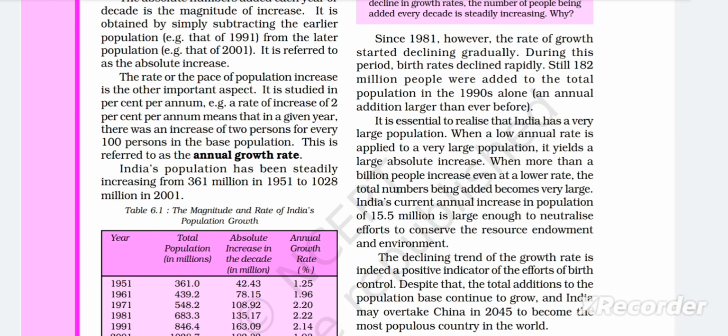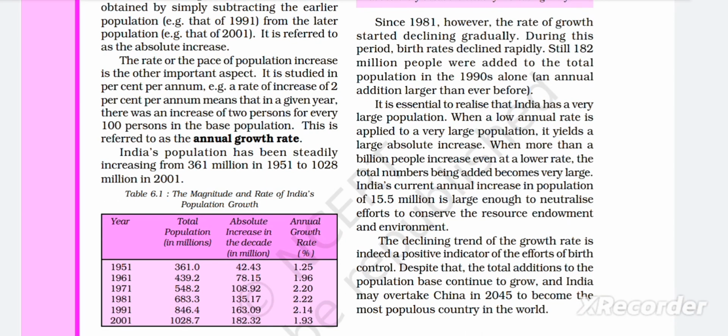The same is happening with India. The population is high, the growth rate is low, but still the population is increasing. And you all know that a great population is a hindrance in the developmental projects or for the environment of that area, or you can say for the growth of that country.